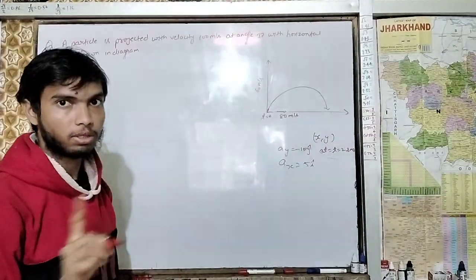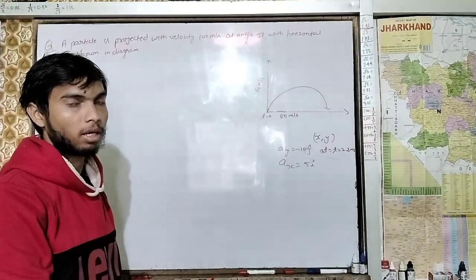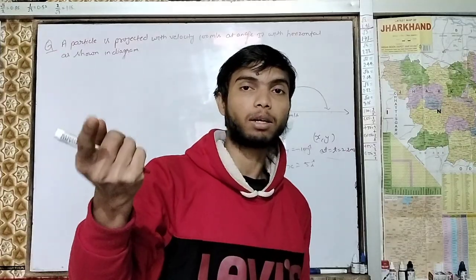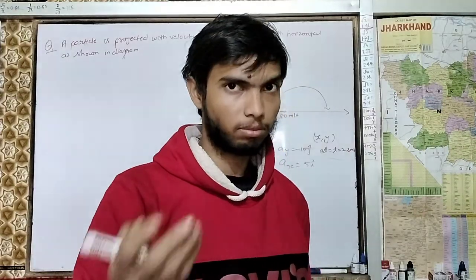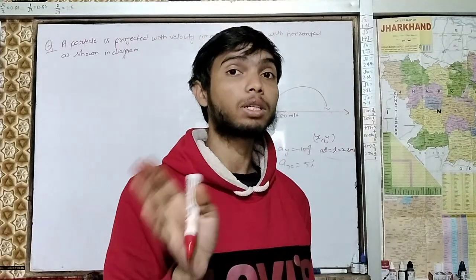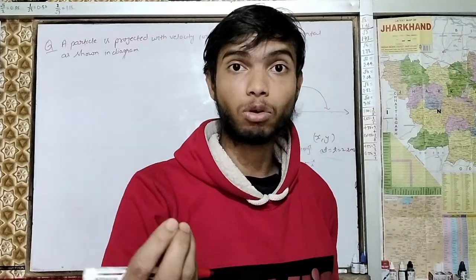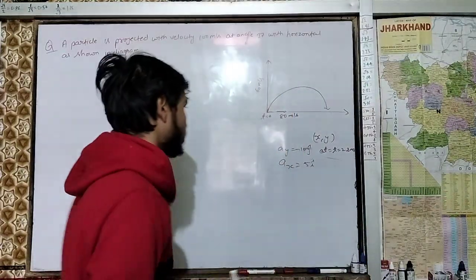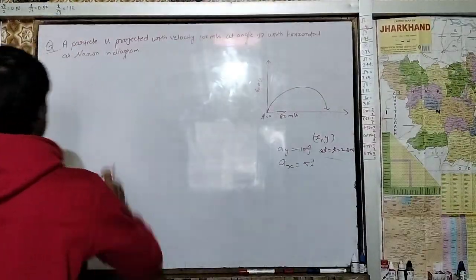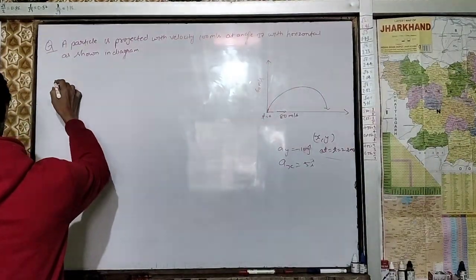This question is providing acceleration for x, which is 5. But remember, if the question is providing ax, then you can put that value of acceleration for x. But if it is not providing, in that case you have to consider acceleration as 0 for horizontal, always. Okay. Now it is asking to find something that I am going to write.